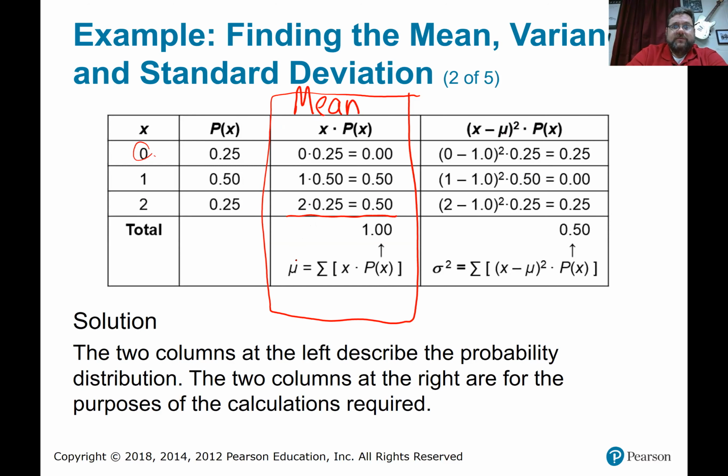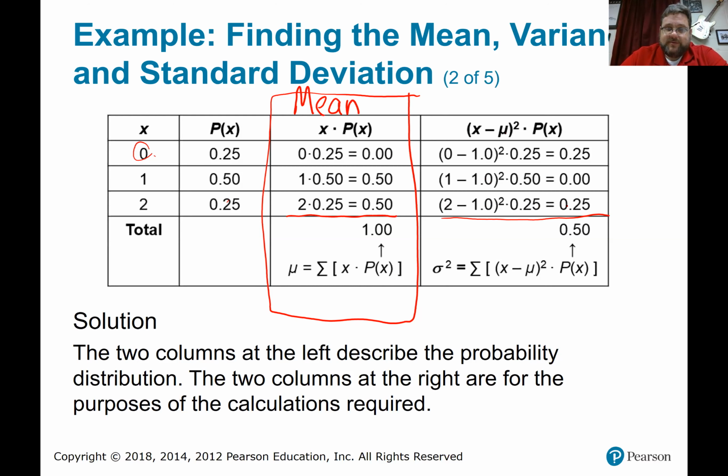So 0 minus the mean squared times 0.25 is 0.25. 1 minus the mean squared times 0.5 is 0. 2 minus the mean squared times 0.25, and that's our probability, remember, is 0.25. And when we add those up, we get 0.50. If we were to have used the other formula, we would have gotten the same thing.